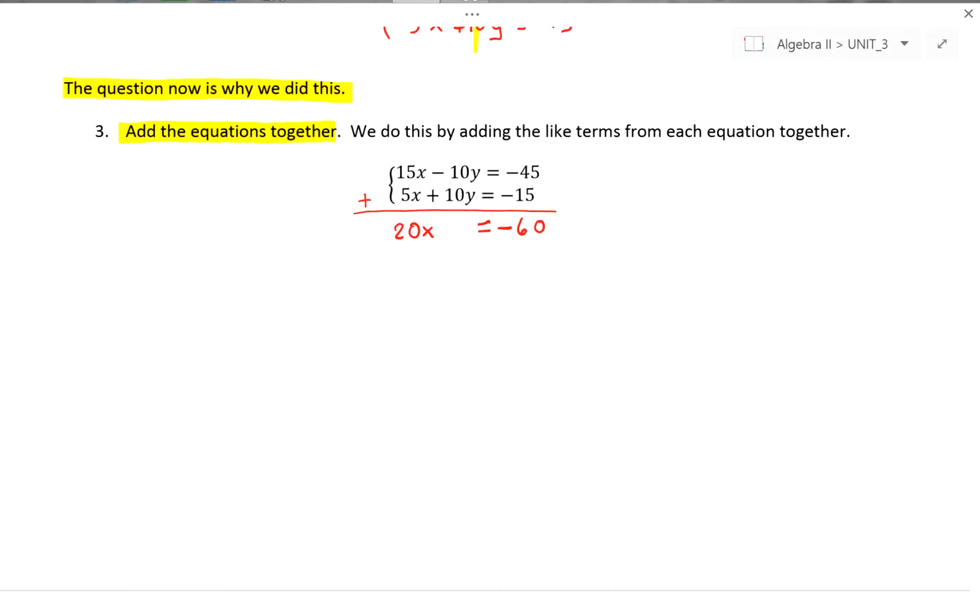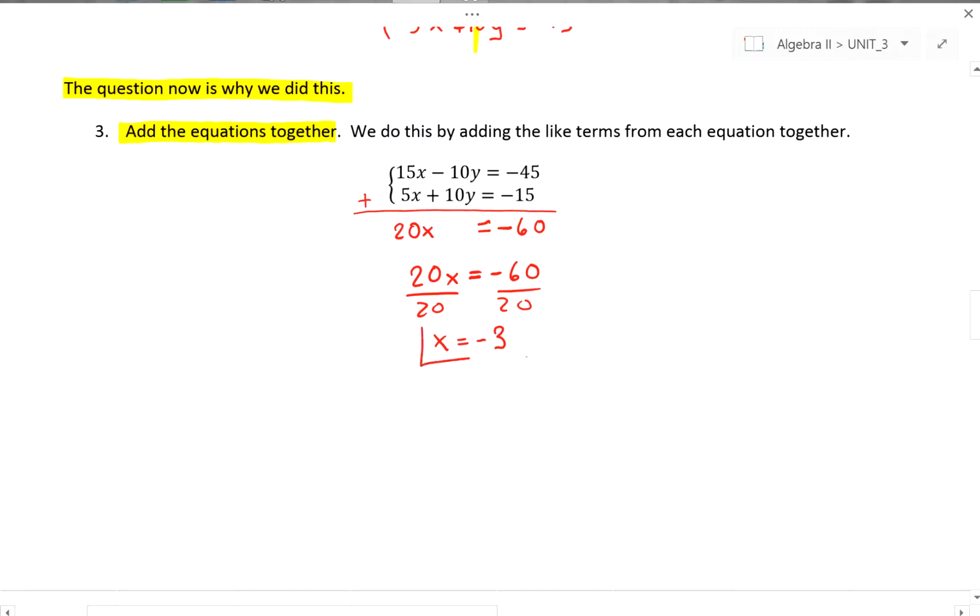So by adding these together after we've accomplished the first two steps, we've essentially eliminated one of our variables from this new equation that we have, which means we can now take the 20x equals negative 60 and solve for x. To do that, I'm going to divide by 20, and I'm getting that x is equal to negative 3.